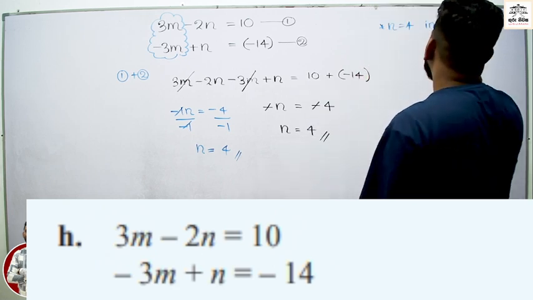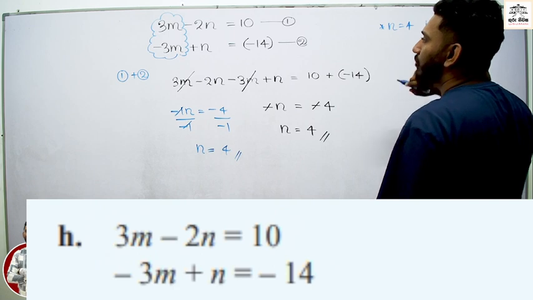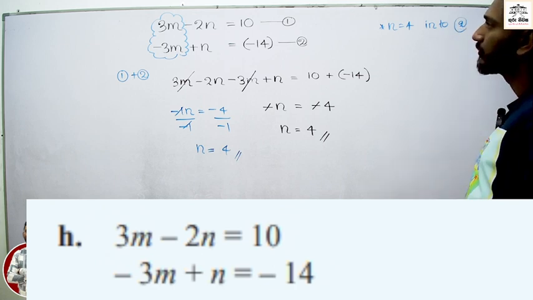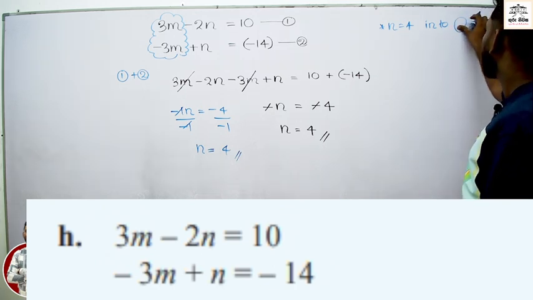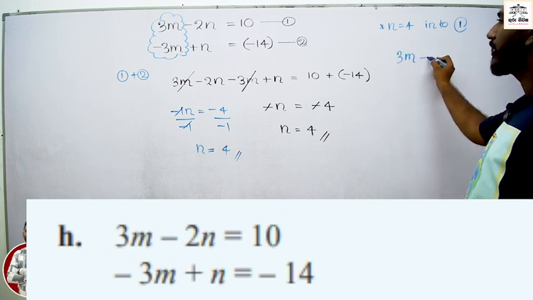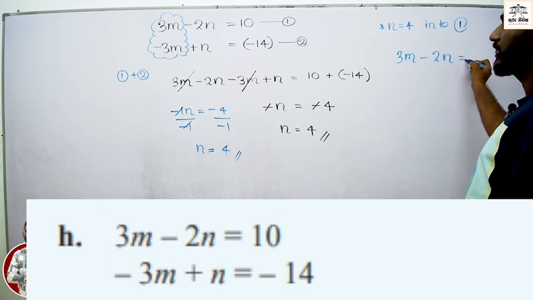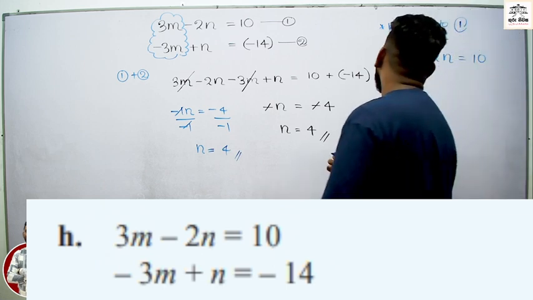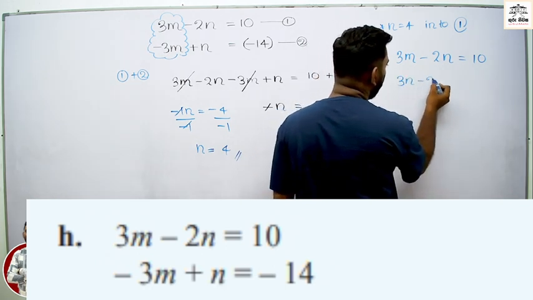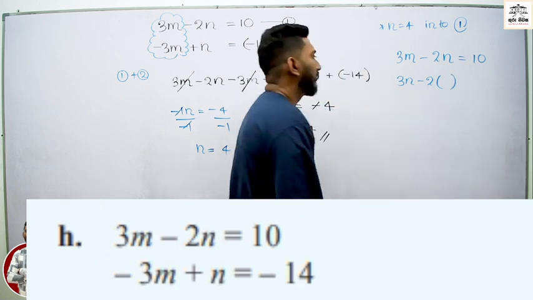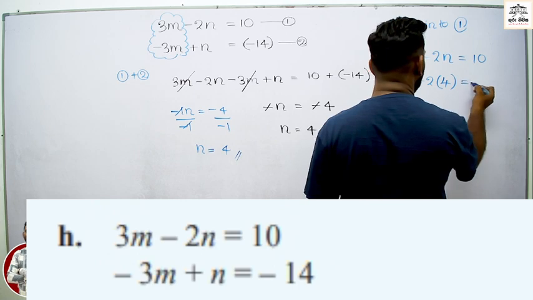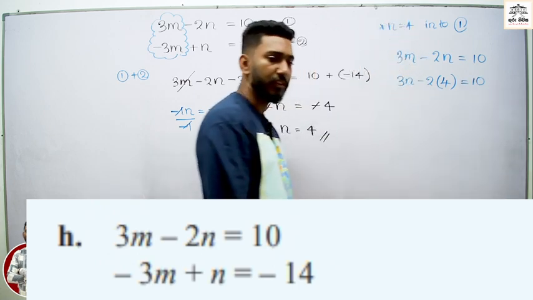Substitute into equation number 1 or 2. It is easier to use 1. 3m minus 2n equals 10. Now we can write 3m minus 2 times n, where n equals 4, equals 10.